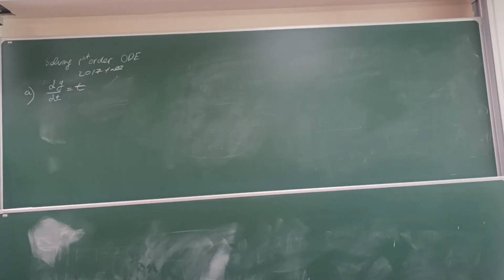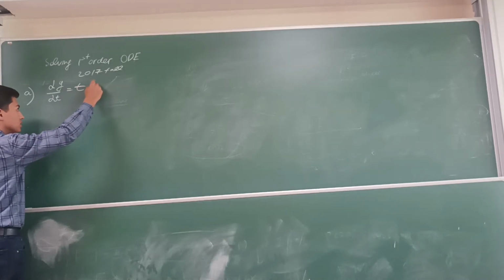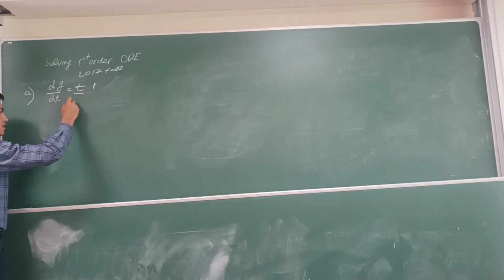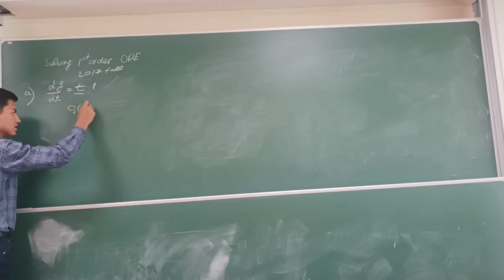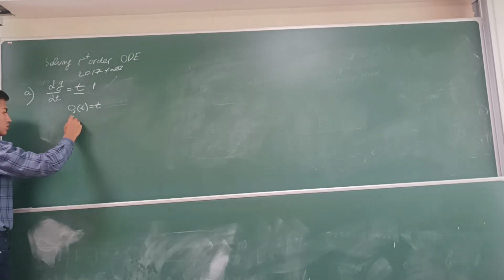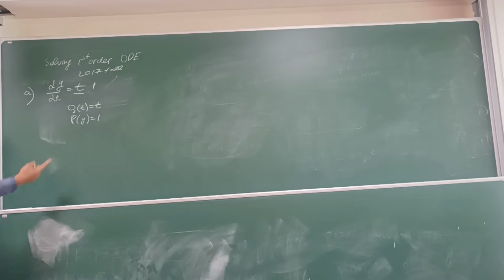Why is it separable? Because the function of y, for example, can be equal to 1, and as Amir pointed out, this is t. This is another function. I mean, q(t) here is t, and p(y) is just 1. Okay, you got it.